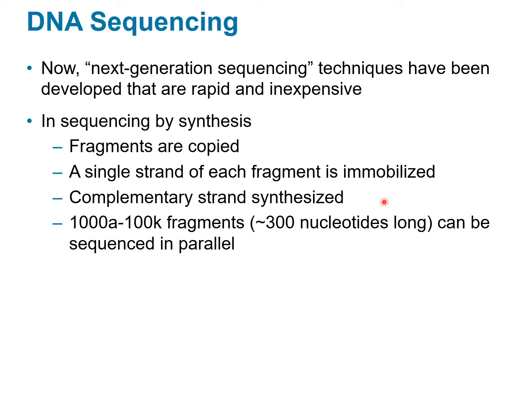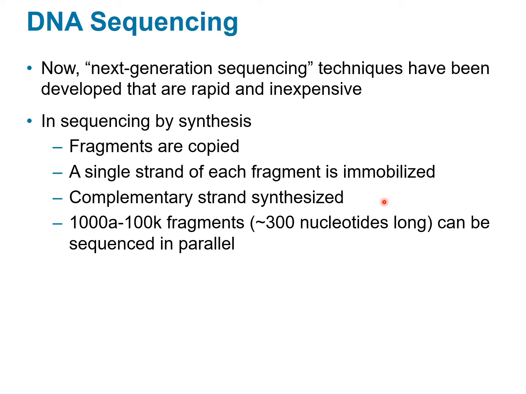So you can synthesize 1,000 base to 100,000 base fragments, and it sequences up to 300 nucleotides in length. Right, so by these methods, you can only detect up to 300 nucleotides.